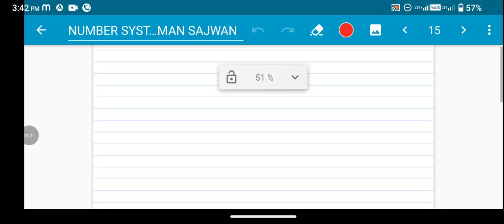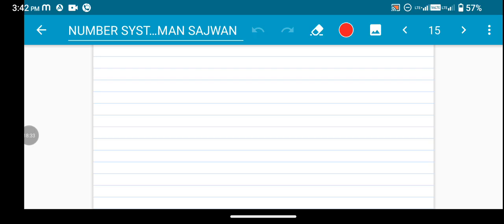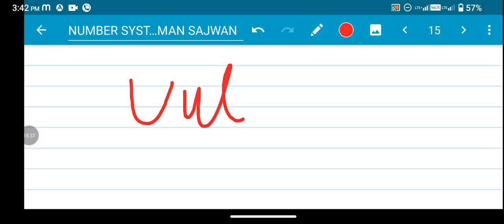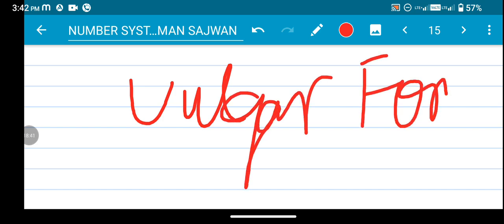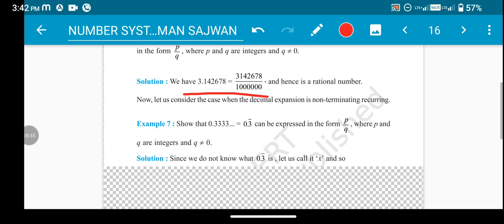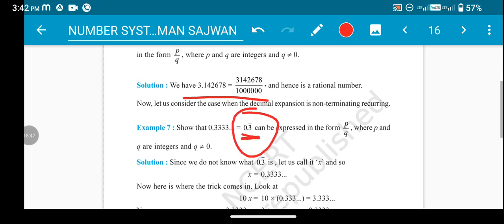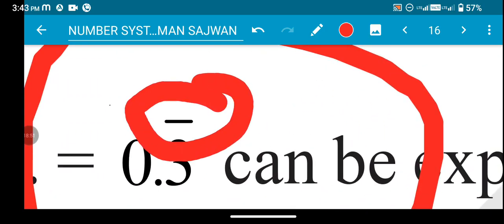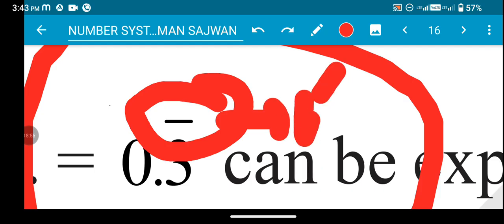How to solve the non-terminating recurring decimals in p by q form, the vulgar form. First you will see what is in the NCERT. This is a vulgar form. This bar is called a vinculum. This type of question is called a vulgar form question.